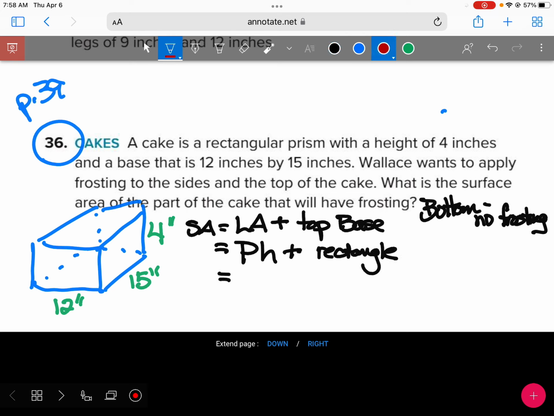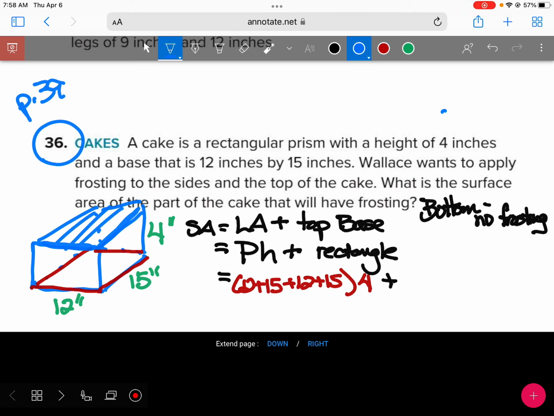So my perimeter is 12 plus 15 plus 12 plus 15, times, what's the height? 4, plus the area of my rectangle on top, 12 times 15.